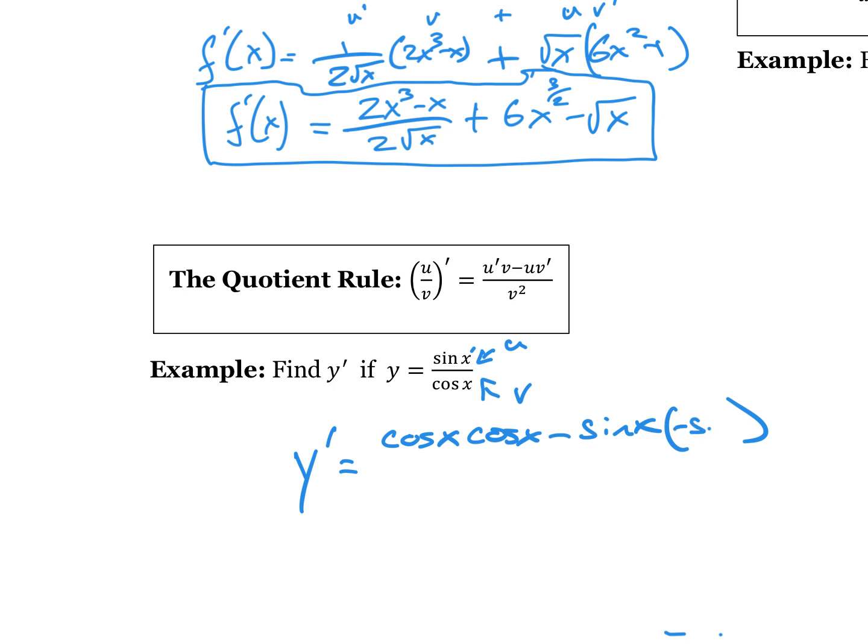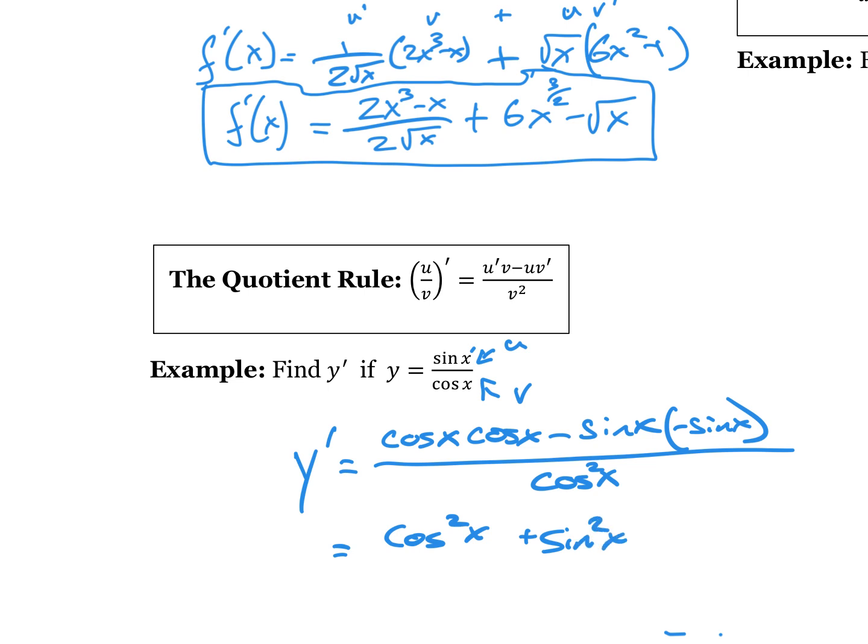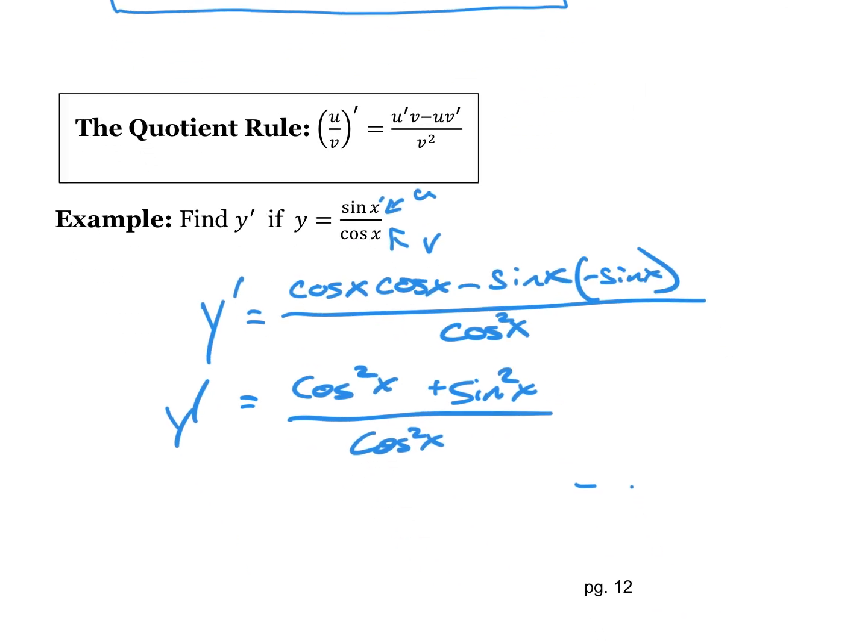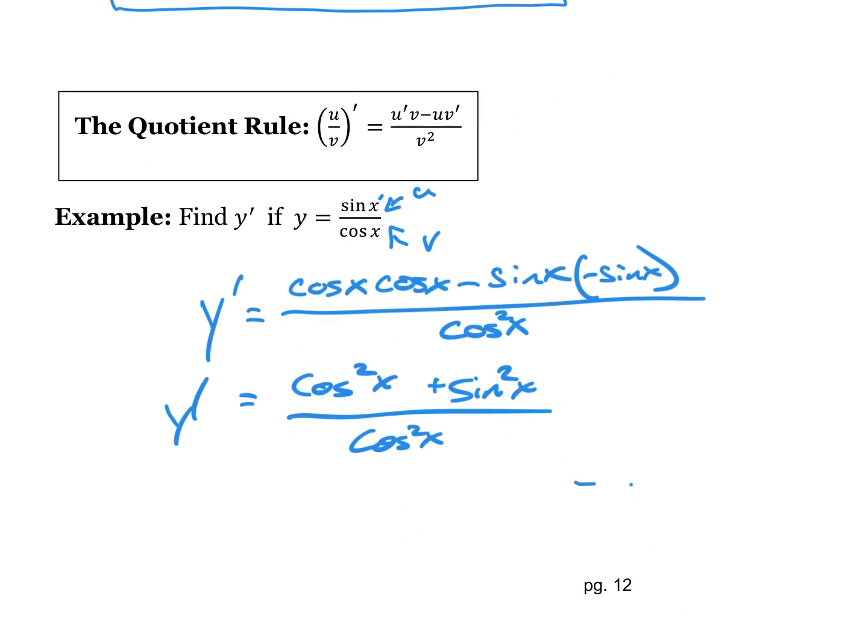The derivative of cosine is negative sine of x, all over cosine squared, the bottom squared, which gives us cosine squared x plus sine squared x all over cosine squared x. And that's just 1 over cosine squared.